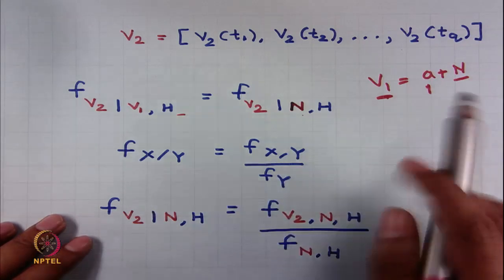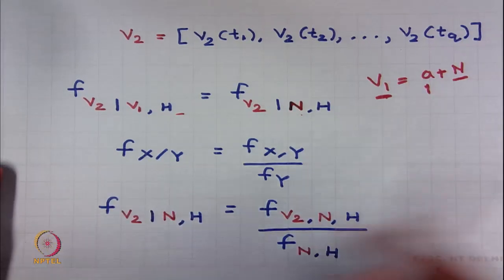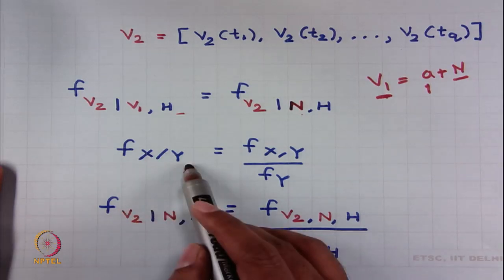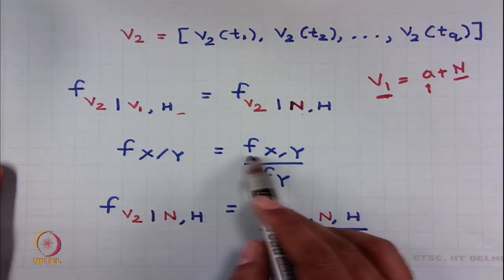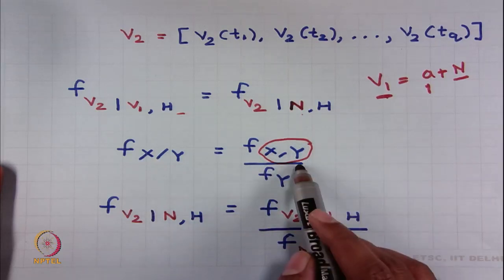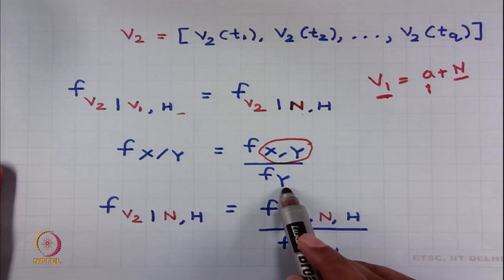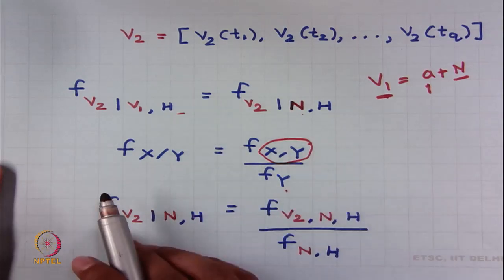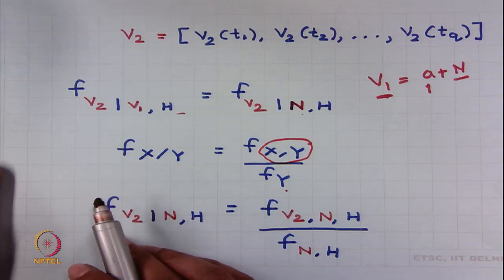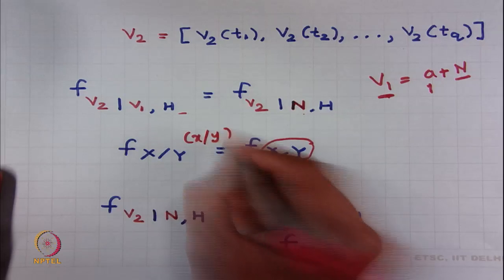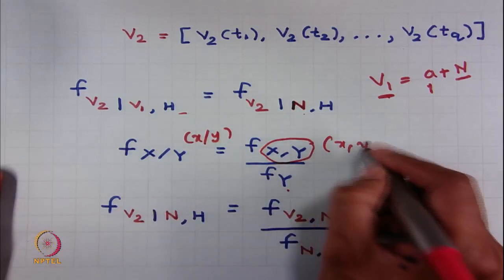and from one of the lectures on conditional PDF, we know that the conditional PDF of x given y is simply the joint PDF of x and y divided by the PDF of y. We are losing out on arguments because this is not central here. I could have written this as well, it does not matter.